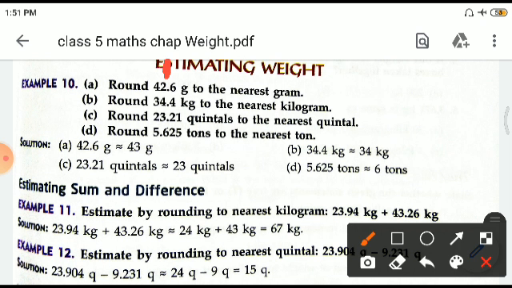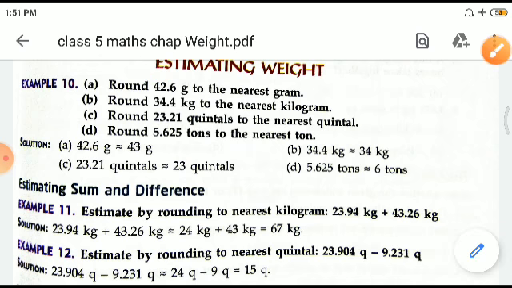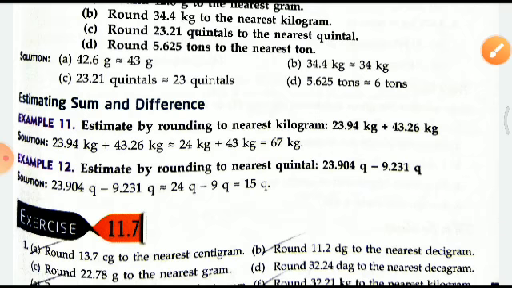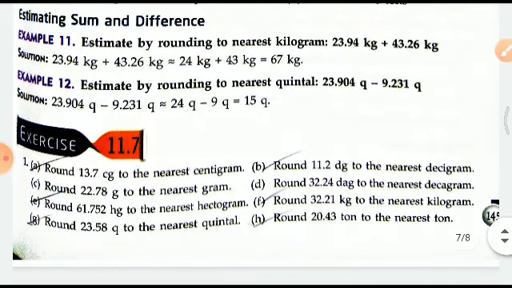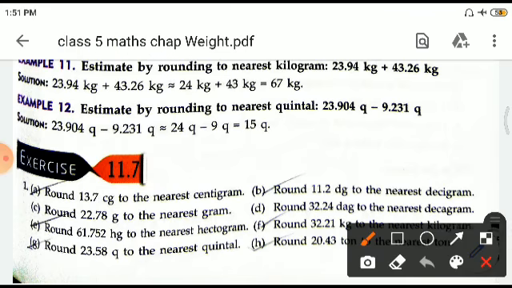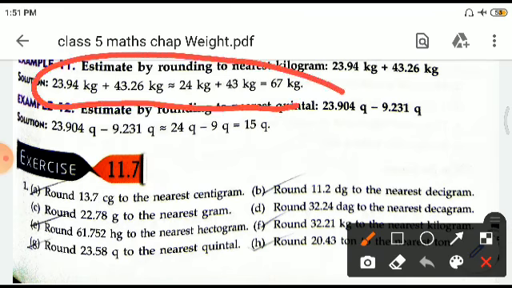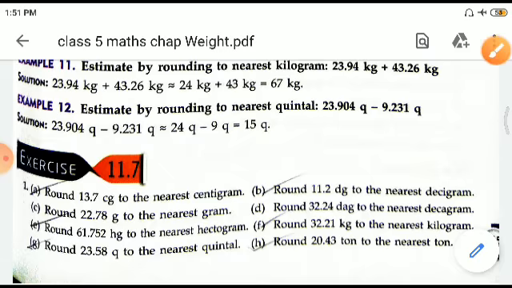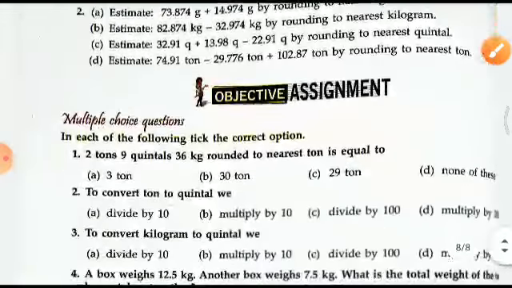Or decagram, if it would have been up to decagram, then for decagram the point of approximation would have been 4, and 2 is less than 5, so 1 will not be added to 4 and it will be called 44 decagram. Similarly, sums and differences we will add or subtract, and then we will do the approximation part. Okay, this is how you need to do these exercises.